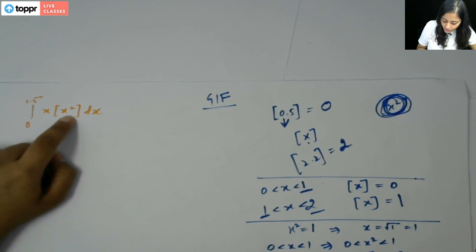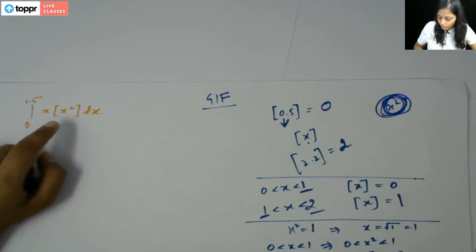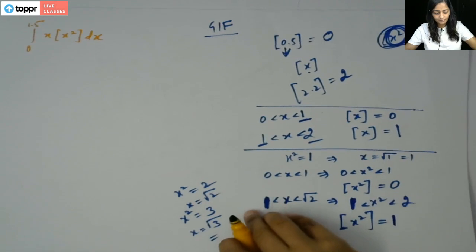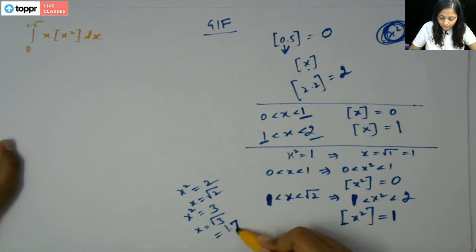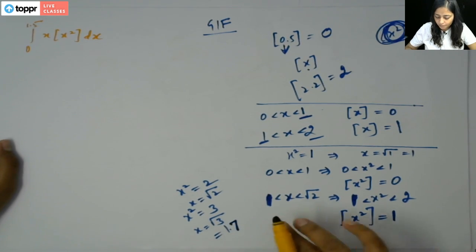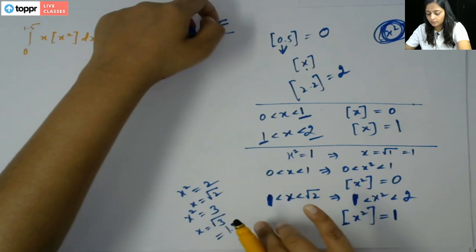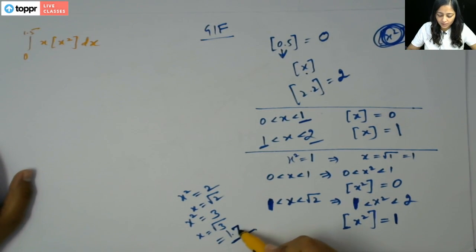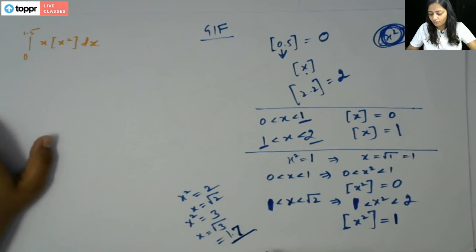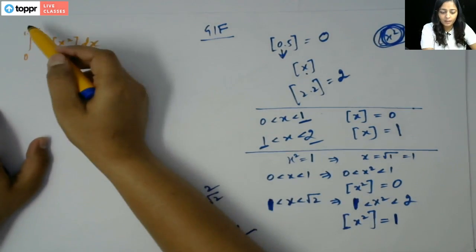Now if we take x² equal to 3, x would be equal to root 3, which is 1.7. So we need not consider this because this is greater than 1.5. We'll take values till 1.5 only.